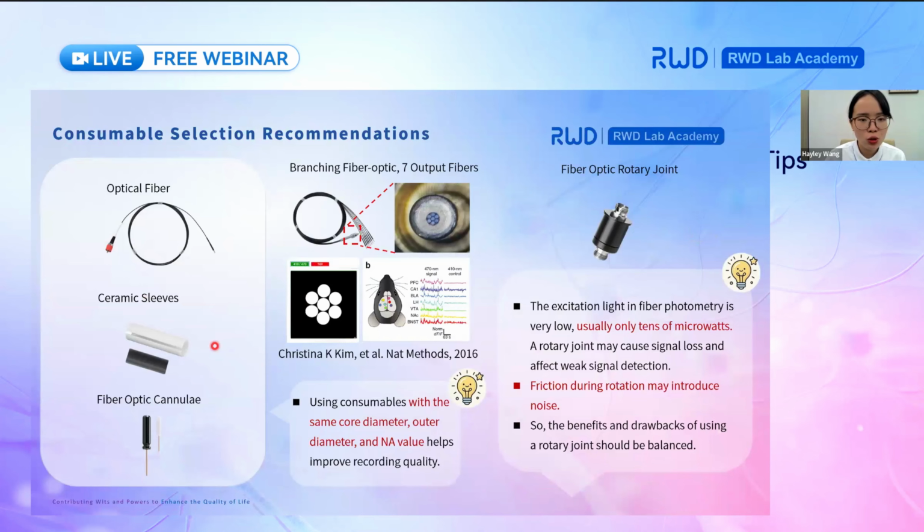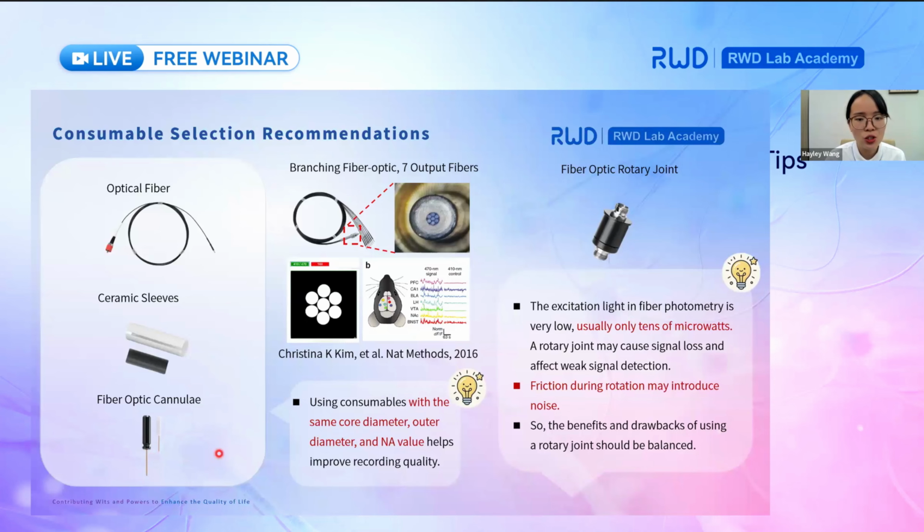In addition to choosing the right excitation wavelengths, the consumable selection is also very important. We also need to prepare the low autofluorescence optic fiber, the sleeve, and the related accessories. There are 2 key points to keep in mind. First, the parameters of the optic fiber and sleeve should match the implanted cannula, including the core diameter and NA.